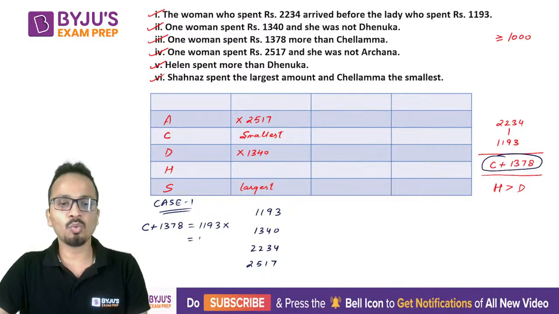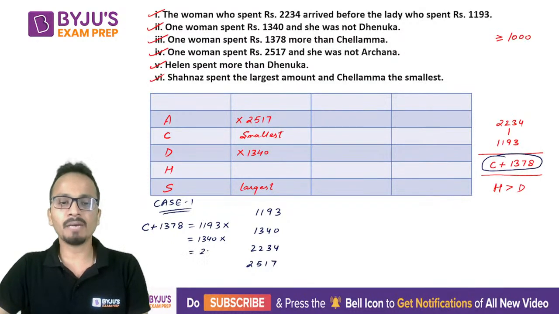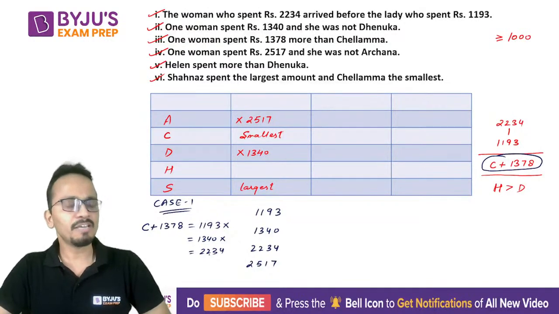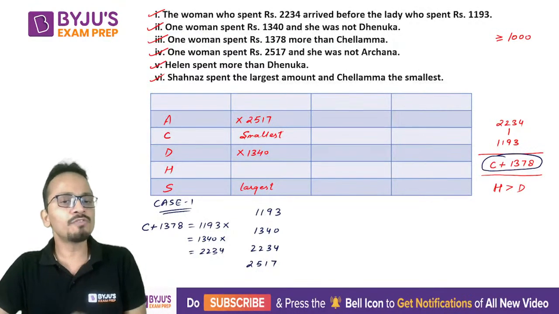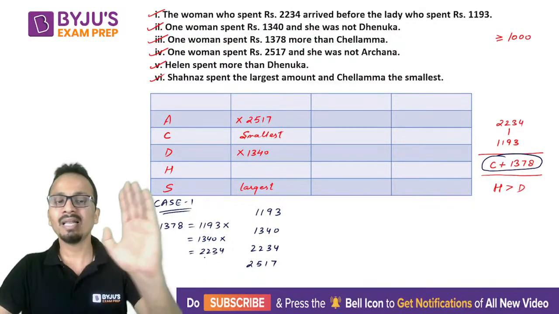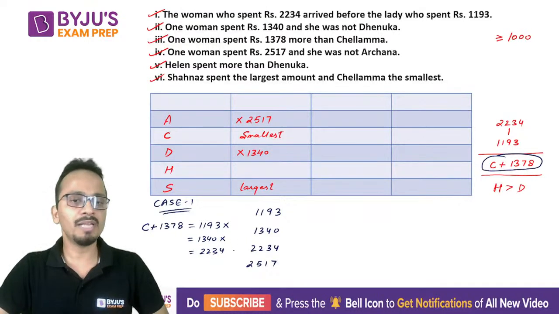Similarly, let's check 1340, which will also give a negative value of C. The next is 2234. Now C plus 1378, if I put it as equal to 2234, then the value of C, you can check, will come less than 1000.